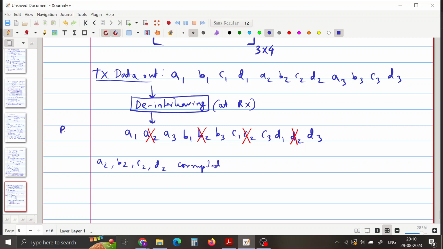So this is the received symbol sequence. Let's say these get corrupted.